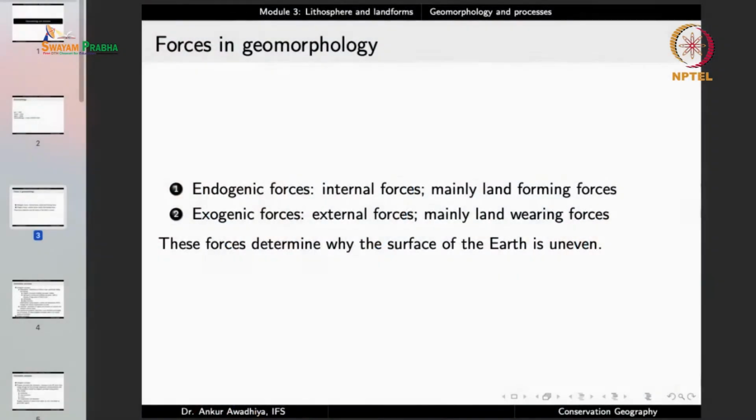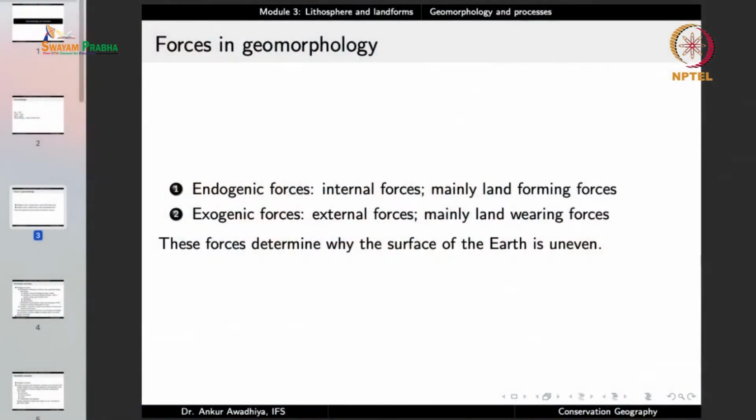So these are the forces that are created inside, which is why we call them internal forces. Exo means outside. Genic, again the term is related to genesis, creation. So these are the forces that are created outside. So these are external forces.